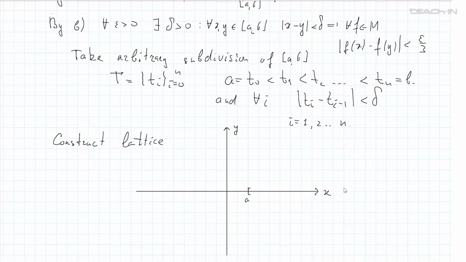Here A, B, it is T0, T1, T2. Here C, here minus C. All graphs lie in this rectangle.